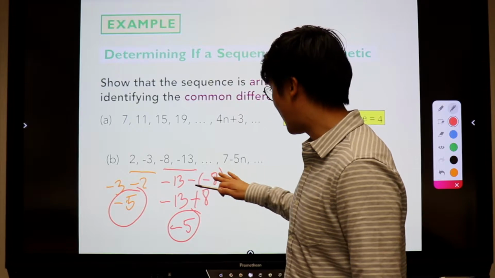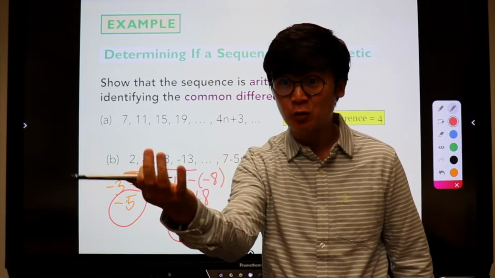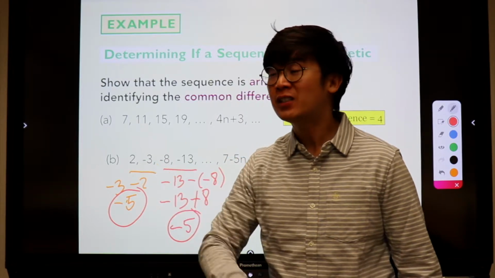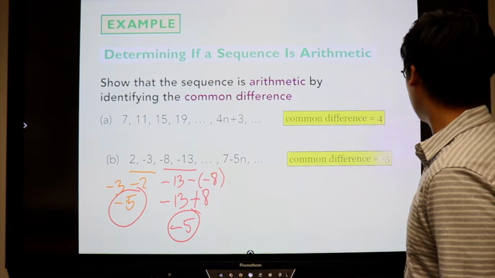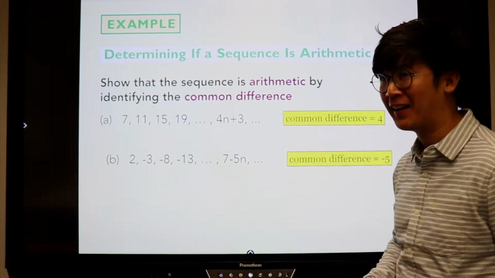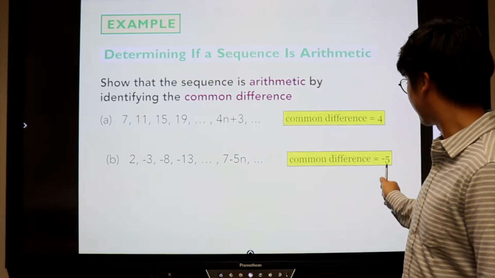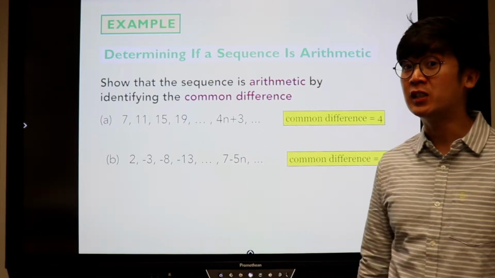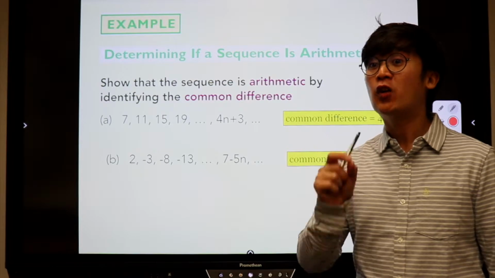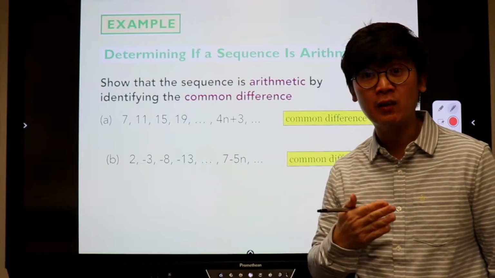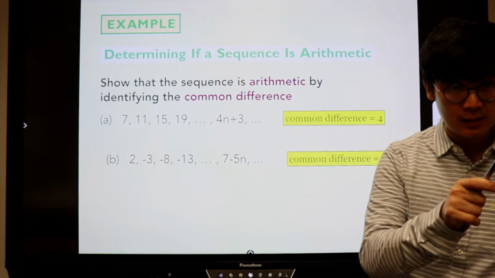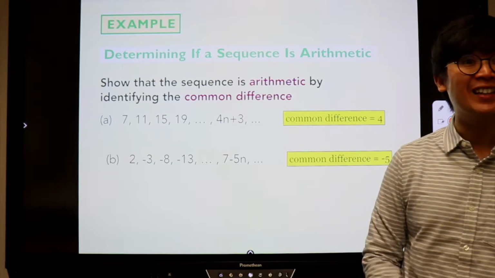And notice that your sequence is shrinking. What is so special about a shrinking arithmetic sequence? Your common difference is going to be negative. So if your sequence is shrinking or going smaller, expect to have a common difference that is negative.